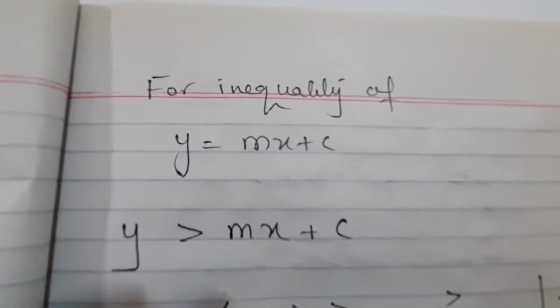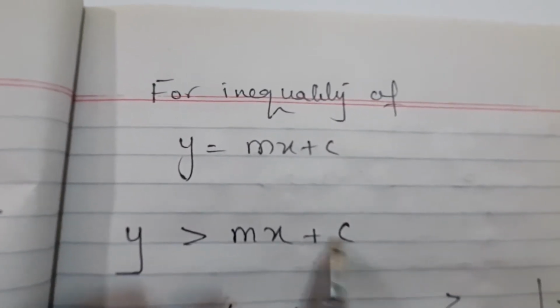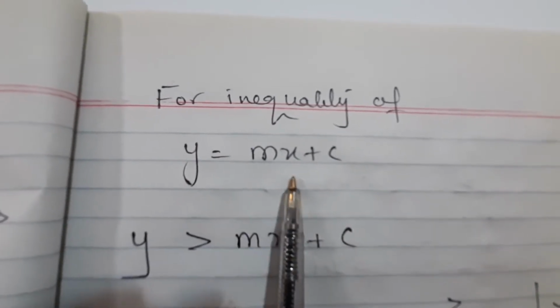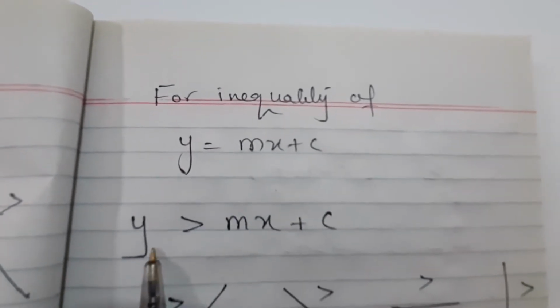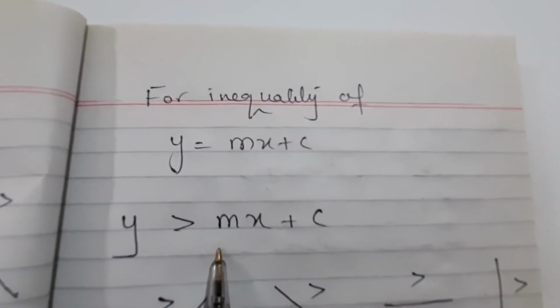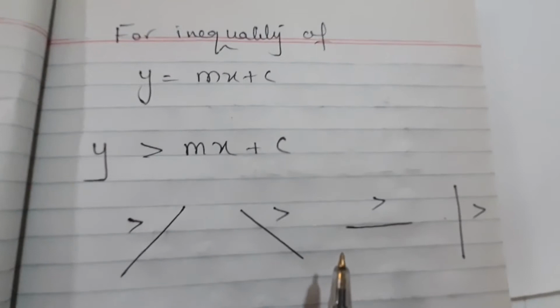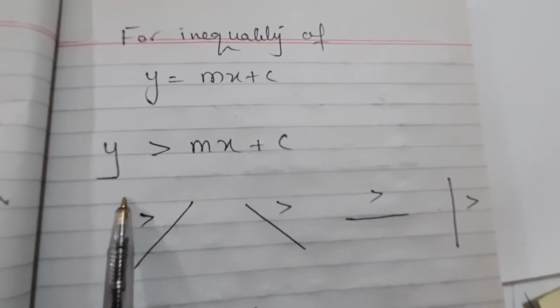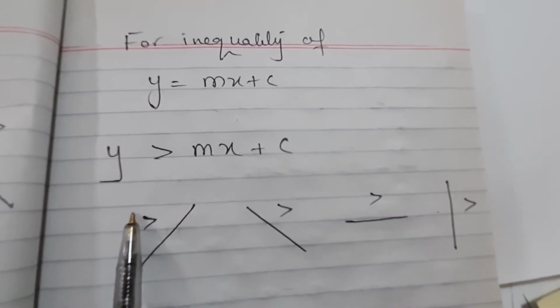Okay, so now come to the inequality. y is equals to mx plus c. This is an equation, right? Coordinate geometry. If you put y greater than mx plus c, in this inequality, now see the 4 conditions rather. If the line is like this, the above portion is called greater.